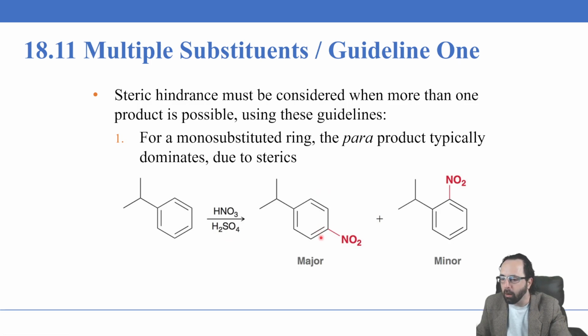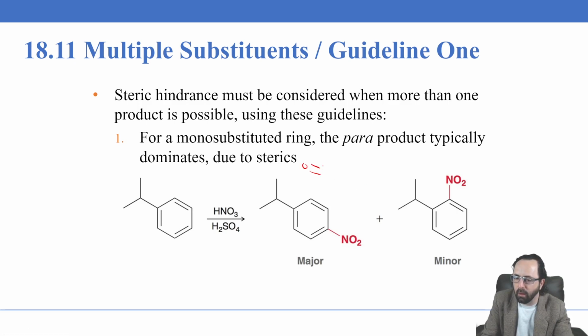However, the para position is going to be preferred because, due to the isopropyl group here, the nucleophilic attack is going to be a little bit sterically hindered at the ortho positions, which are right next to it. So we're going to have a minor product of the installation of the NO2 group at the ortho positions, but a major product here at the para position due to the lack of steric hindrance.